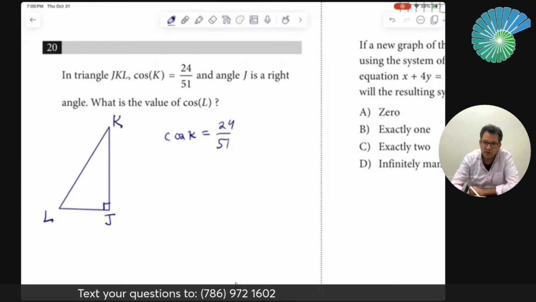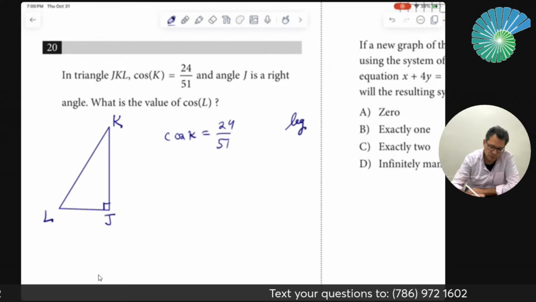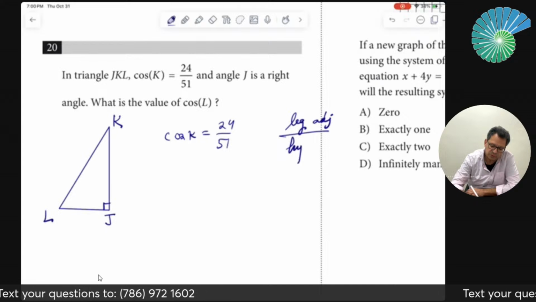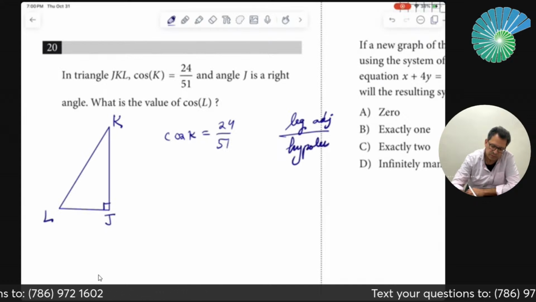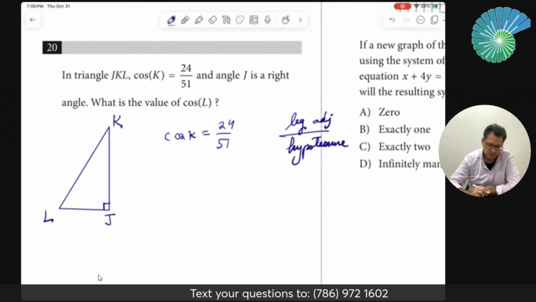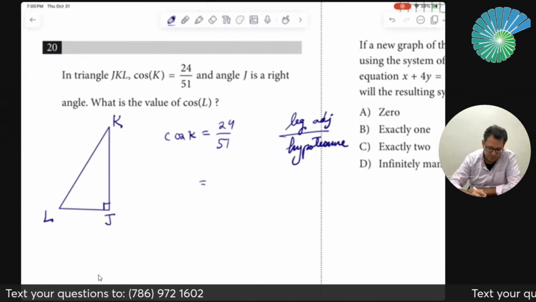Remember that the cosine of an angle is equal to the leg adjacent to the angle over the hypotenuse of the triangle. Before I go any further, I'm going to simplify this fraction.